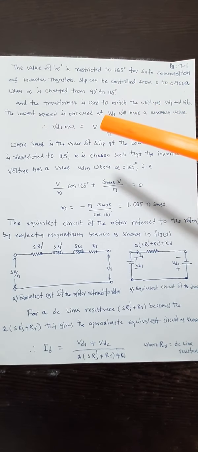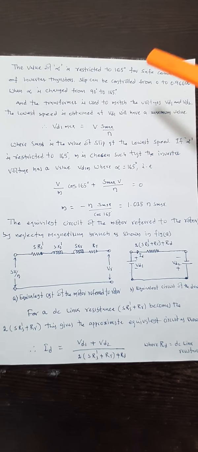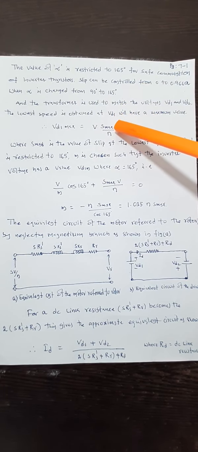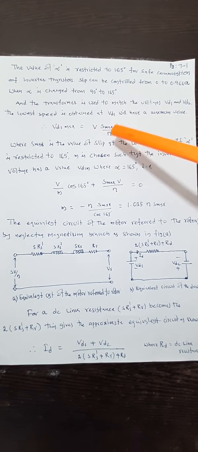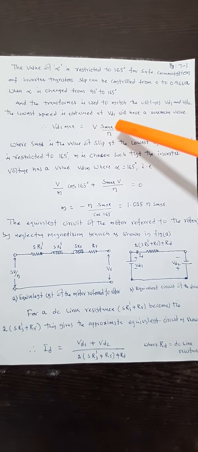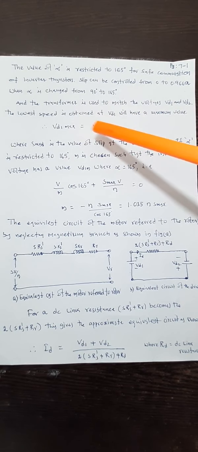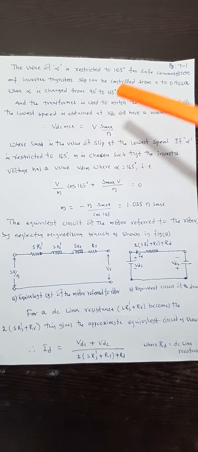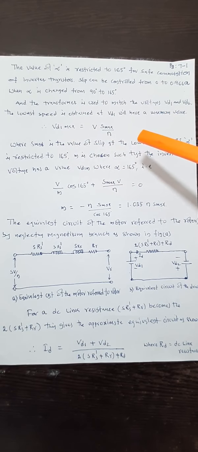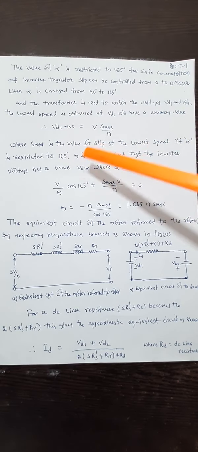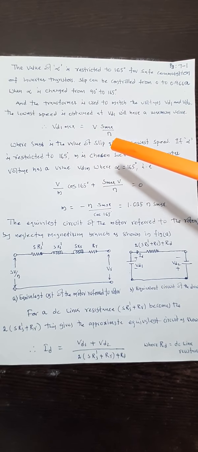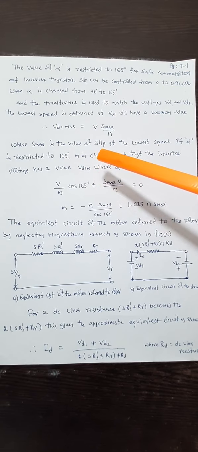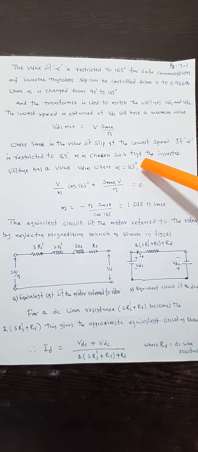The maximum value of Ed1 is obtained by substituting the maximum slip value, where s maximum is the value of slip at the lowest speed. If alpha is restricted to 165 degrees, m is chosen such that the inverter voltage has a value of Ed1 maximum where alpha is equal to 165 degrees.